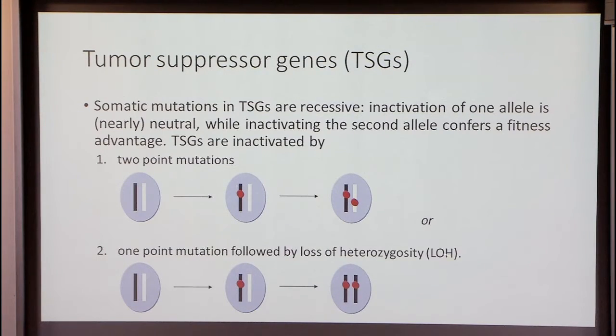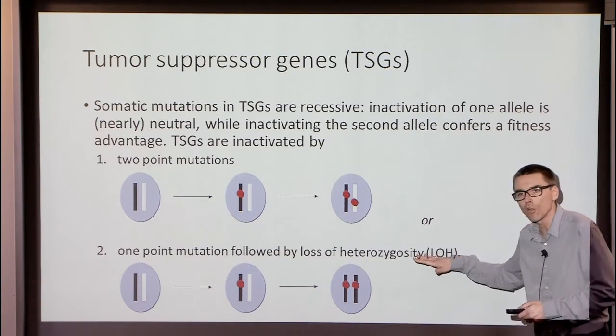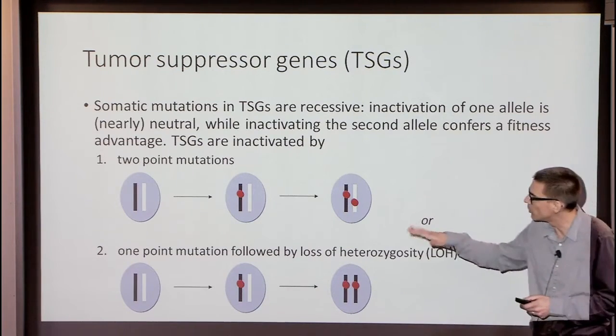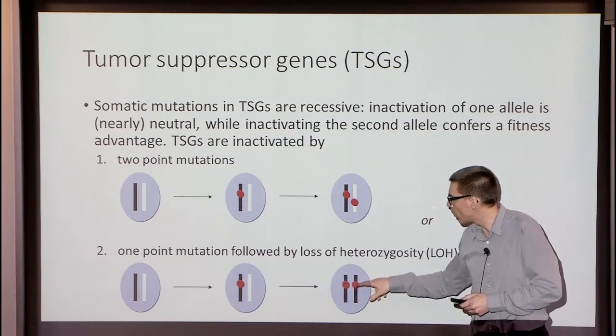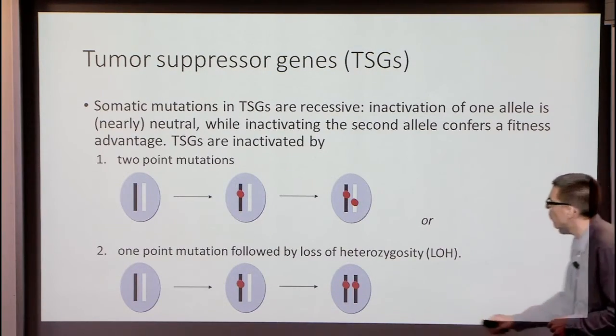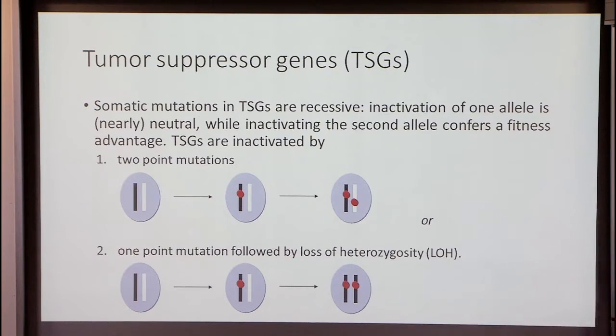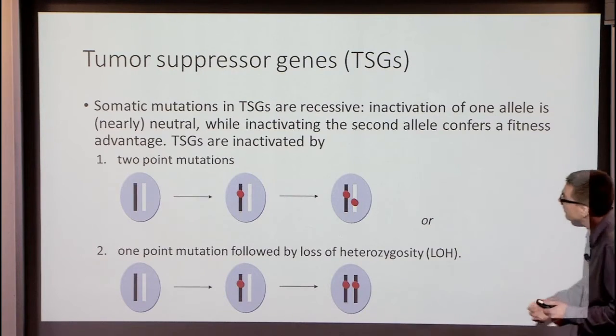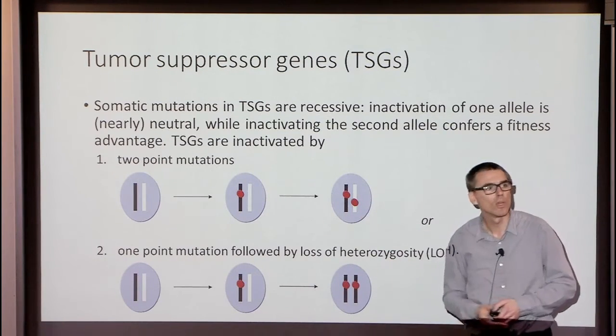Or, and that's very common, you have one mutation on one of the chromosomes, and then a loss of heterozygosity event. You either lose the second copy or you just lose the heterozygosity, so you end up with two identical copies, and therefore both of these copies are affected.